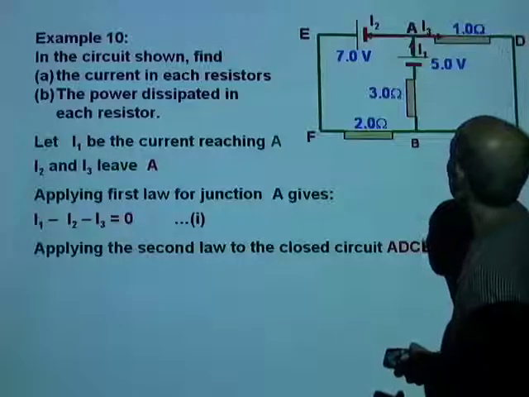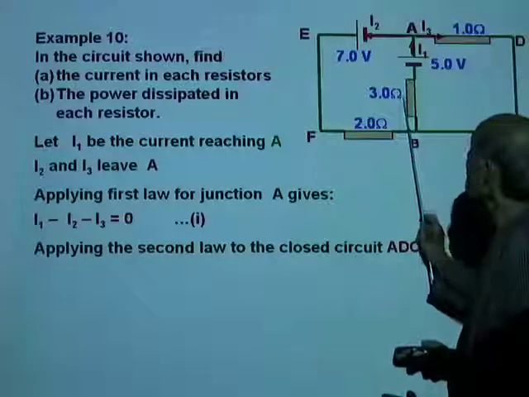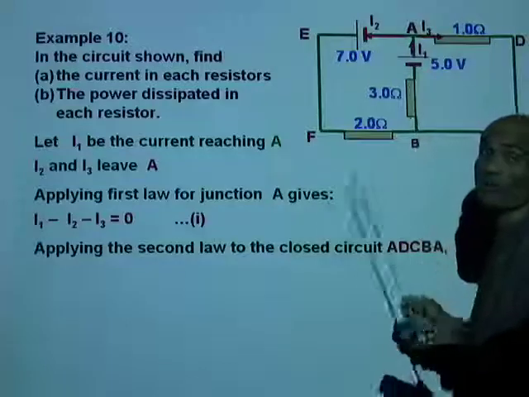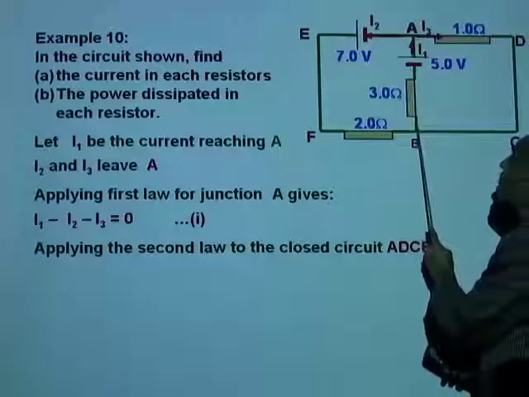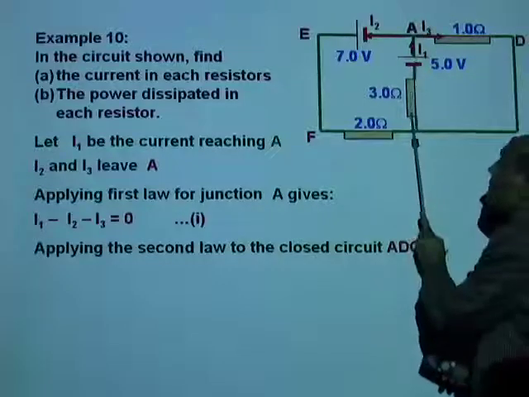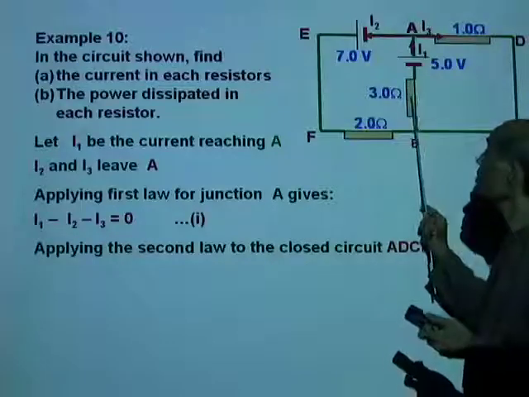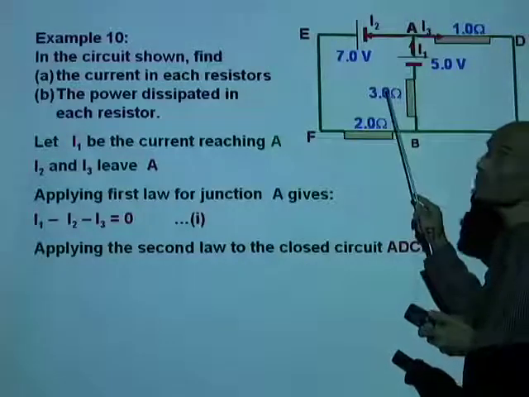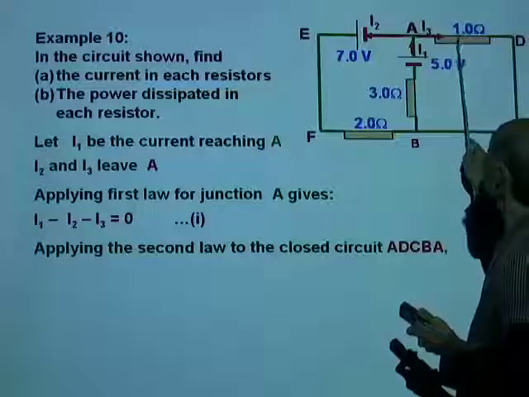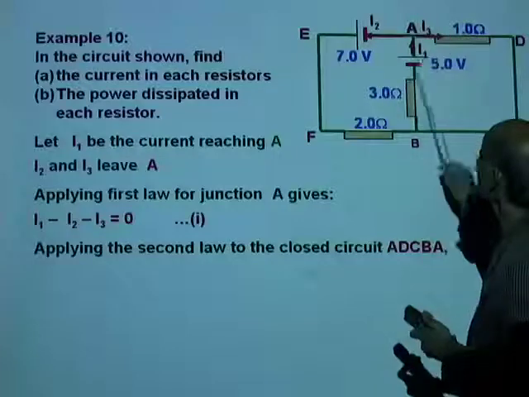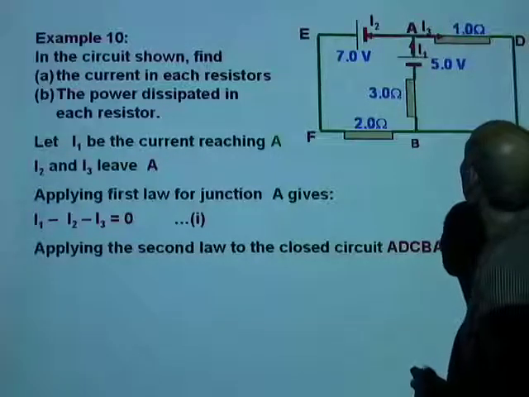That means I1 is the current in the 3 ohm. If a current I1 flows in here, that will be the current flowing through the 3 ohm. So the potential drop across the 3 ohm will be 3 times I1. And the potential drop across the 1 ohm will be 1 times I3. And there is nothing else in that loop.